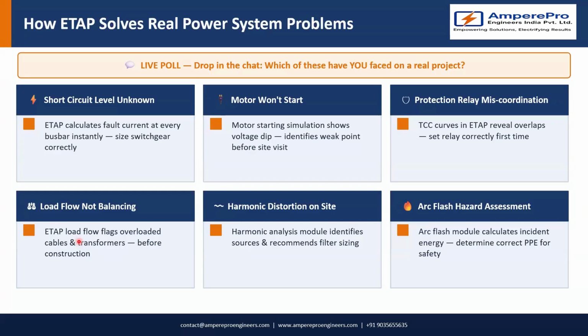switchgear? Like what happens when there is a fault or when an arc fault happens in the switchgear? During the maintenance activity, there are a lot of accidents likely to happen because of various reasons.